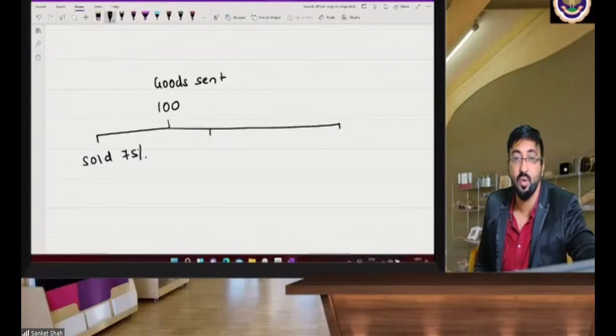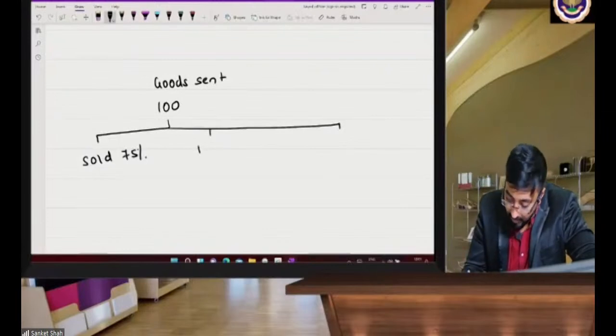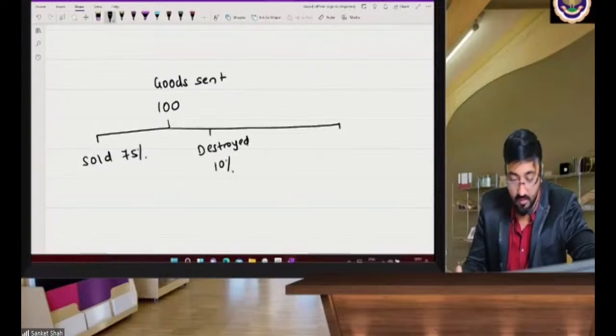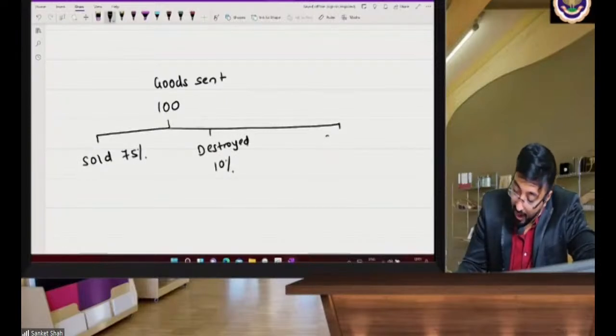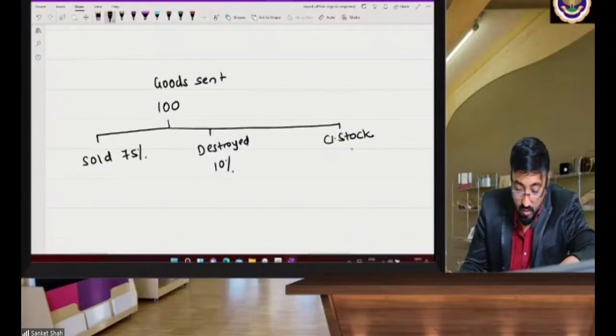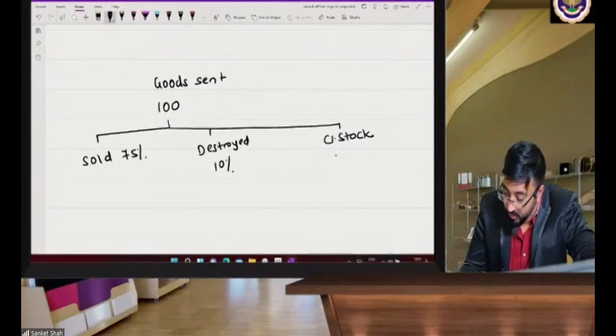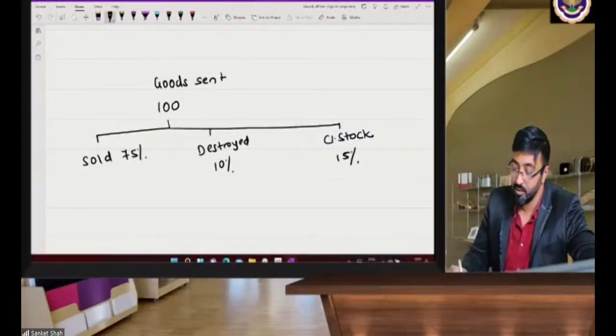You sold 75%. Destroyed 10%. And closing stock, very good. Closing stock is the remaining, 85 plus, yes, this is 15%. So it's a balancing figure.